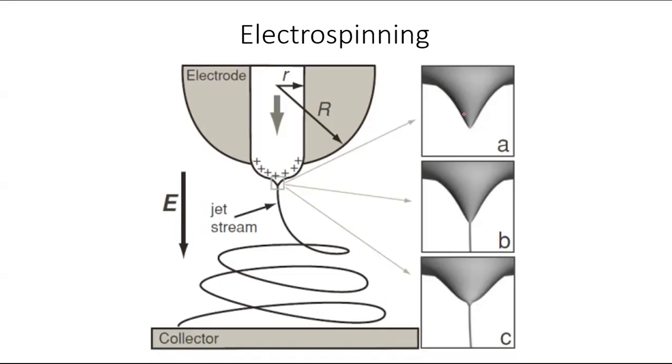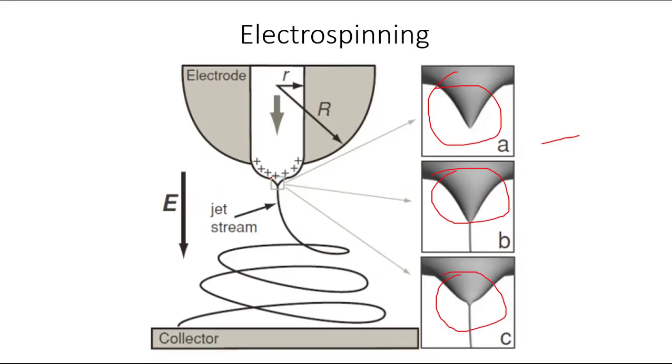Once the electric field overcomes this surface tension, it will start ejecting, and we call this the Taylor cone development. This is how the Taylor cone gets developed in stages during electrospinning.